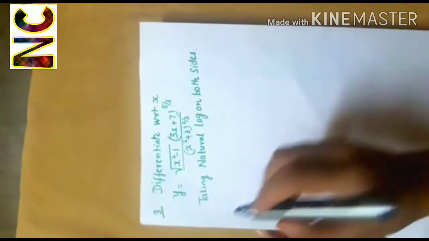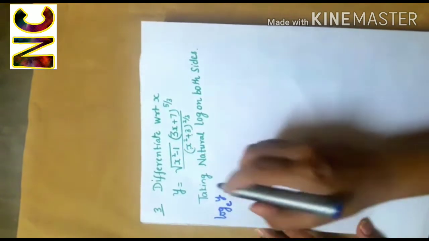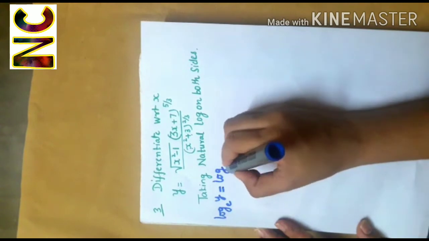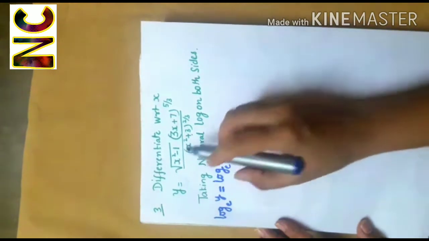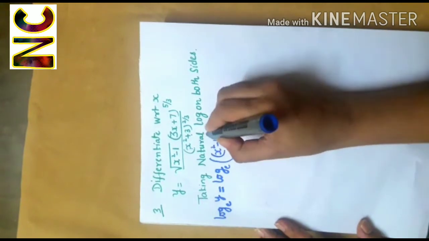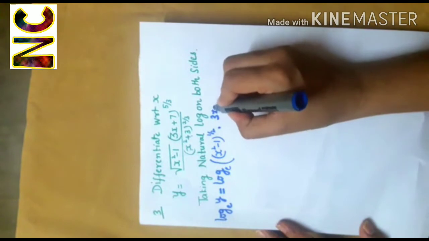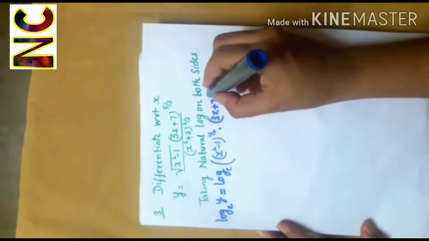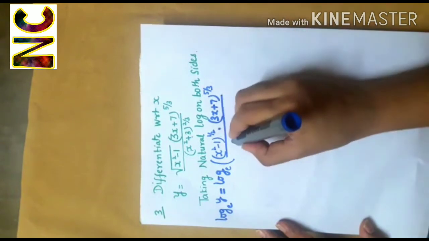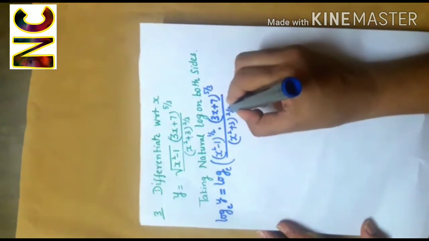Taking natural log on both sides, I'll get log y to the base e equals log to the base e of, yes, I'll write this as x square minus 1 raised to the power half into 3x plus 7 raised to the power 5 by 3 divided by x square plus 3 raised to the power 2 by 3.